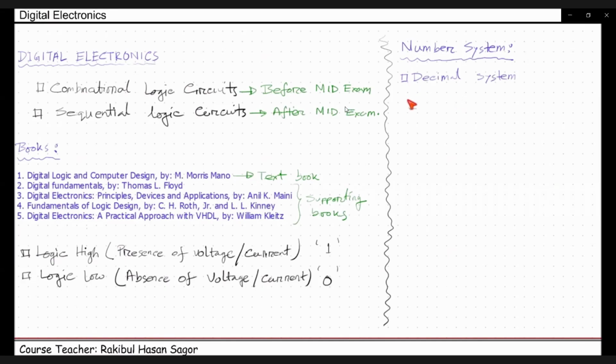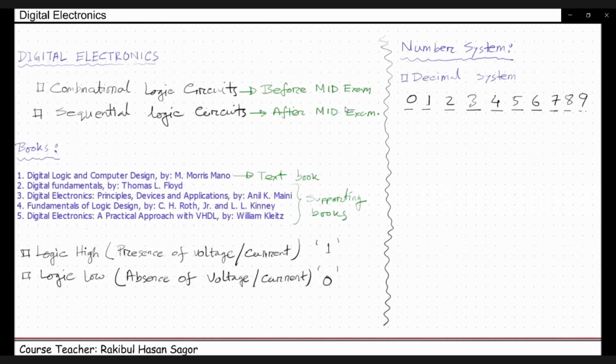For example, we use 0, 1, 2, 3, 4, 5, 6, 7, 8, 9. These are used to represent all the numbers. Each of these is a symbol.